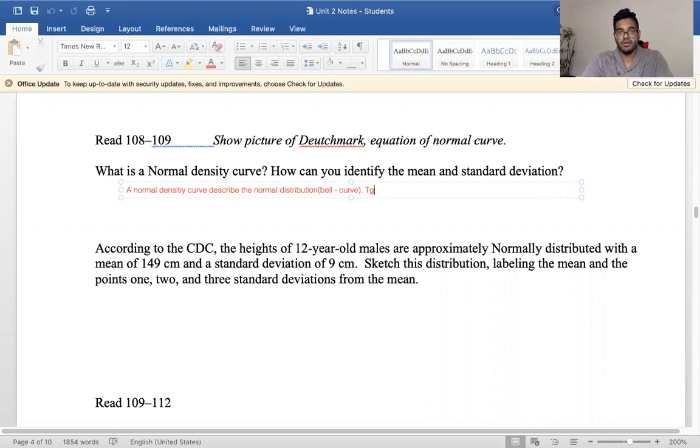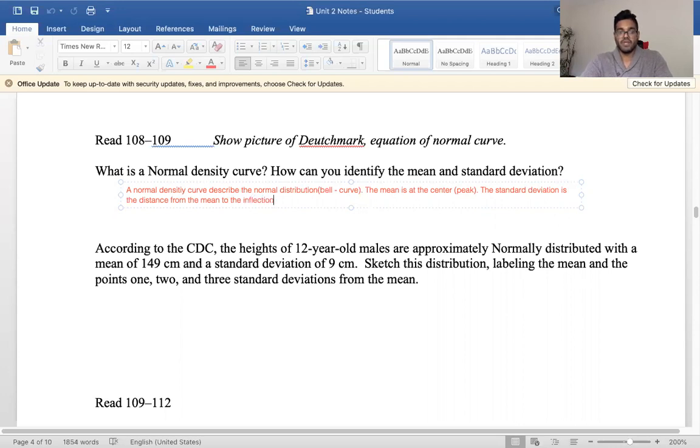The mean is at the center, which is also called the peak sometimes. You can hear it both ways. The standard deviation is the distance from the mean to the inflection point.